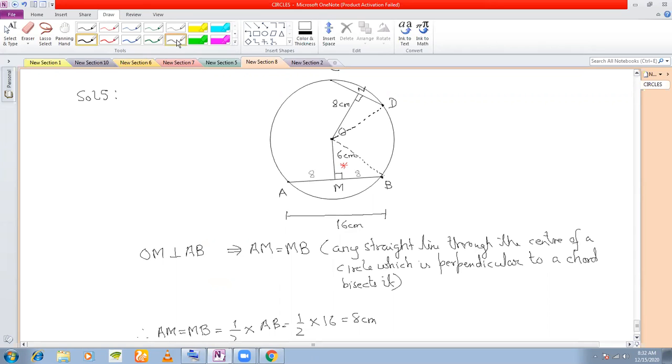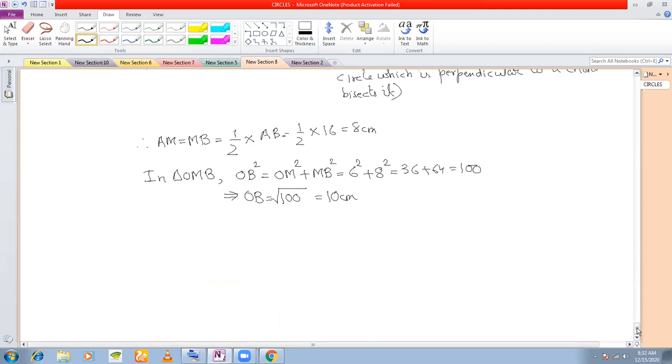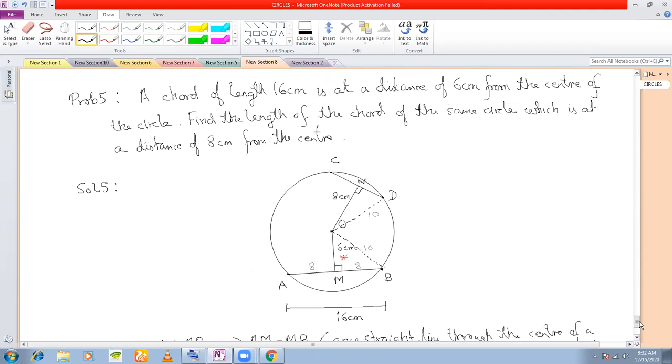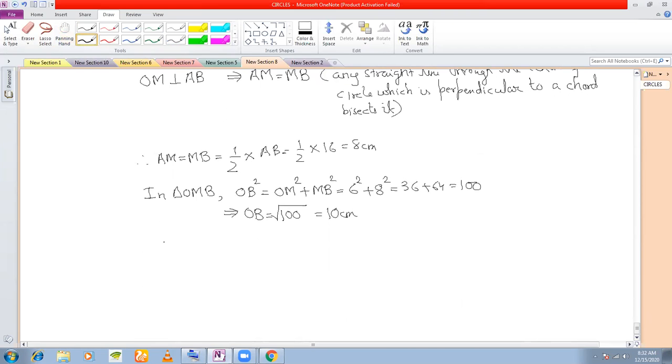If we have calculated this radius to be 10 centimeters, then this must also be 10 centimeters. We'll write here that OB is equal to OD is equal to 10 centimeters.